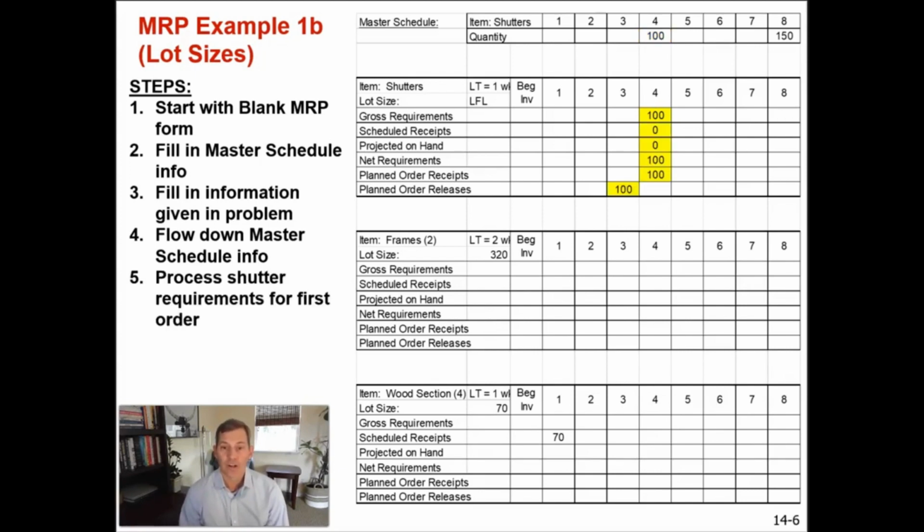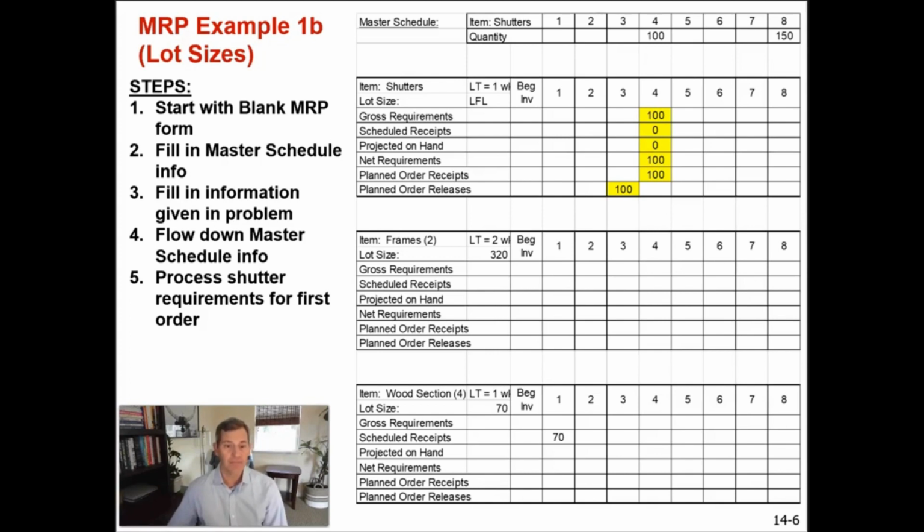So your gross requirements are 100 units. You have 0 scheduled receipts, 0 projected on hand. Your net requirements are therefore 100 shutters. That is offset by the 1 week lead time. So to have them done in week 4, since there's a 1 week lead time, you will do your planned order release in week 3 for those 100 shutters.